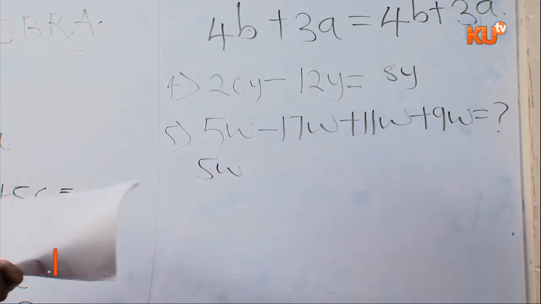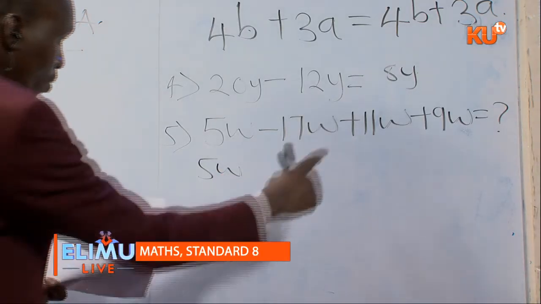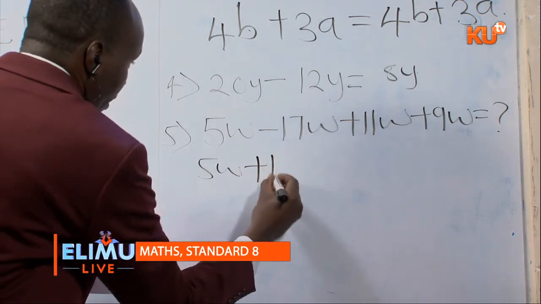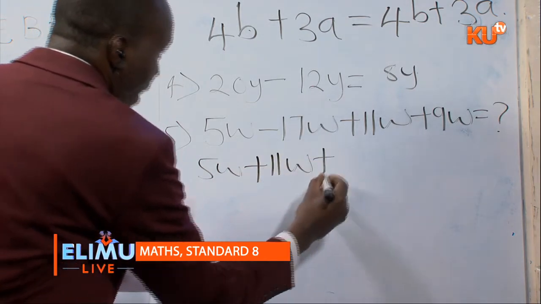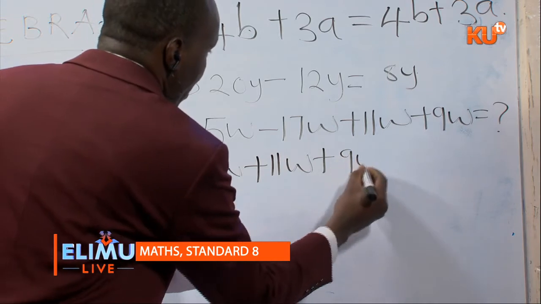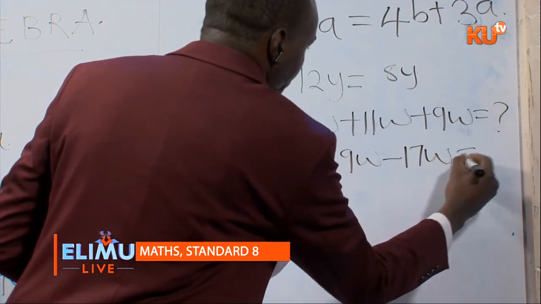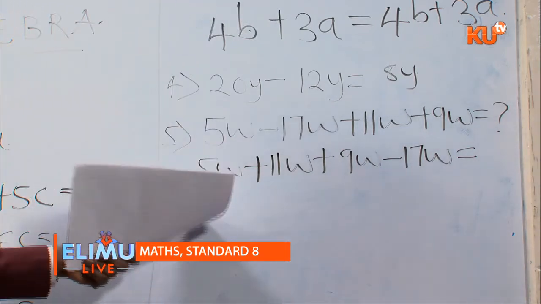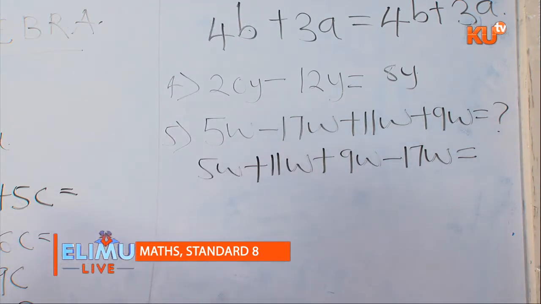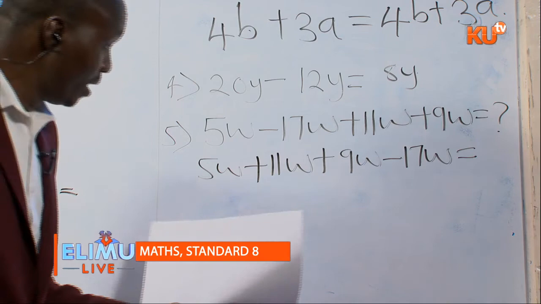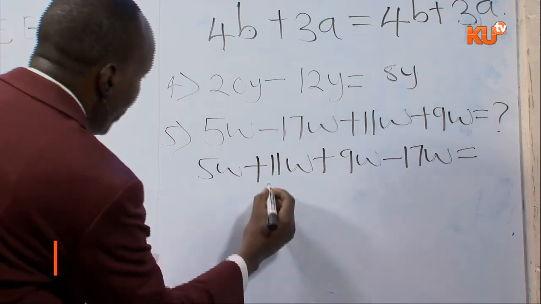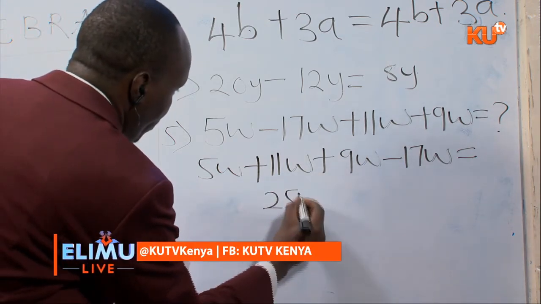As I said, we start with addition. 5w plus 11w plus 9w take away 17w. 5 plus 11, we get 16. 16 plus 9, we get 25w.